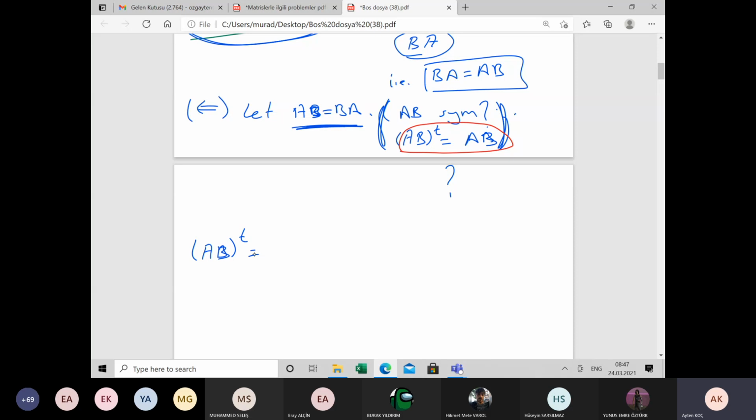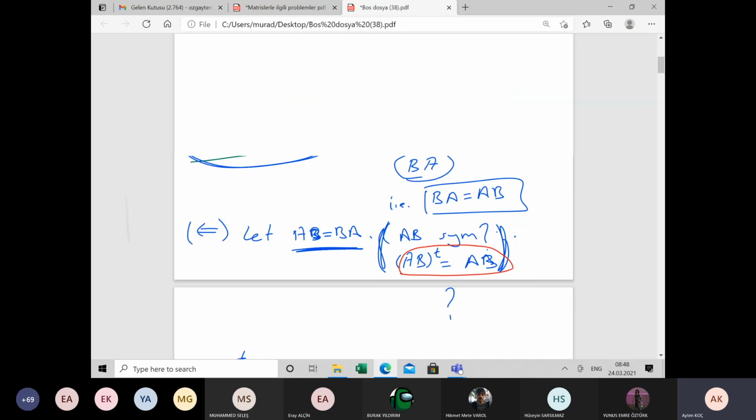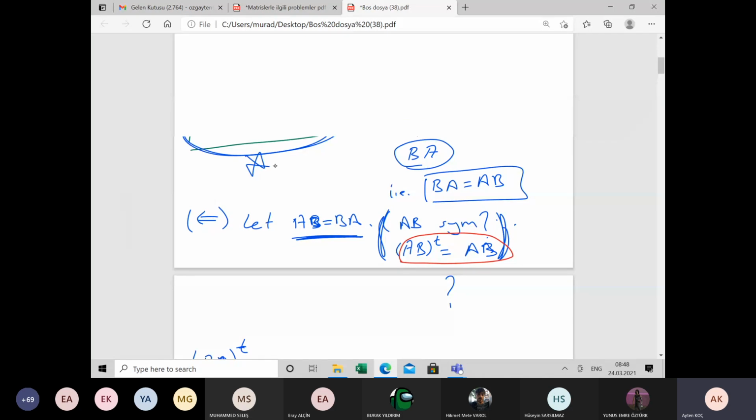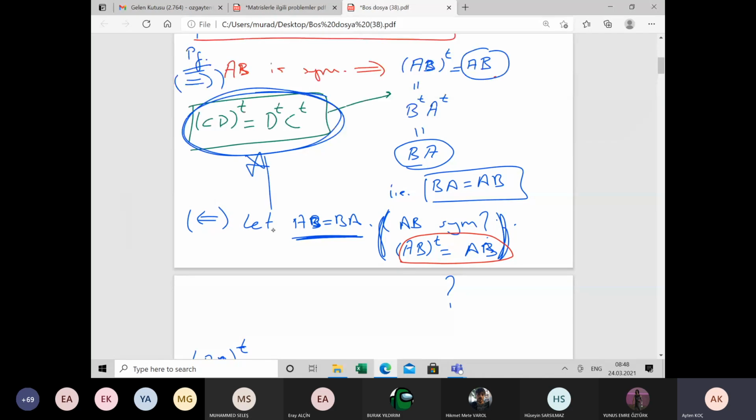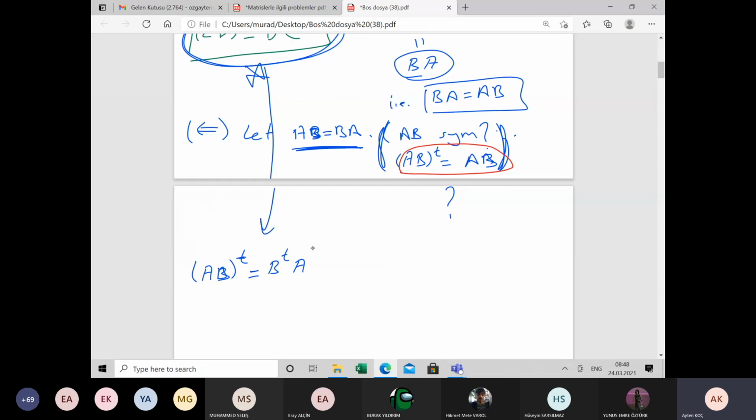Use the definition and properties of the transpose: the transpose of CD is equal to the transpose of D times the transpose of C. This gives the transpose of B times the transpose of A.